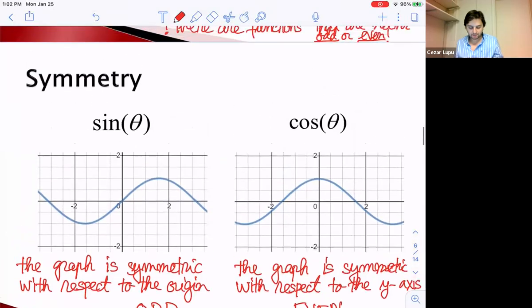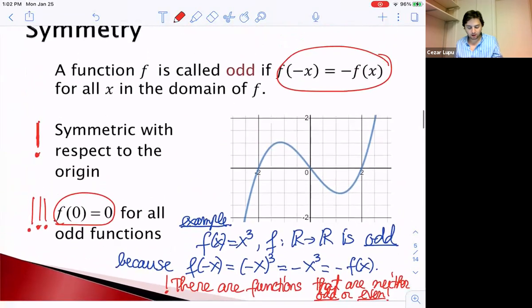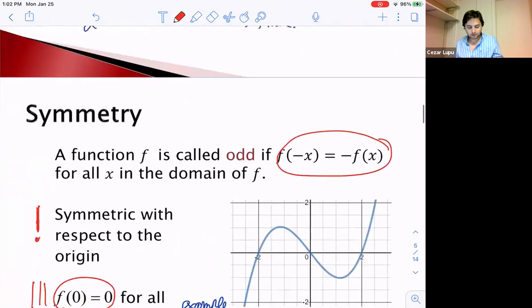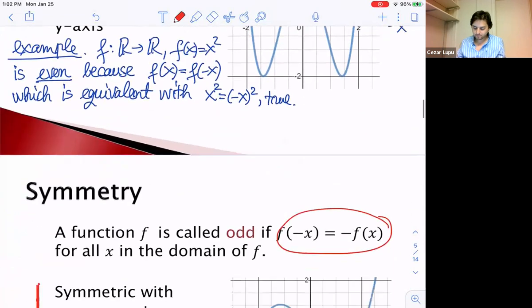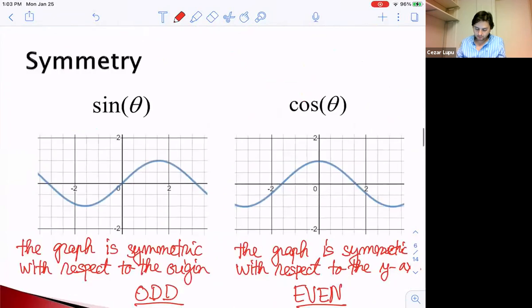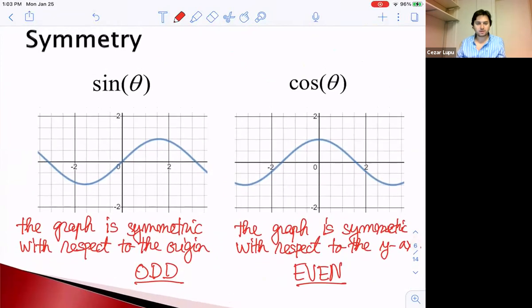If we go back, we said symmetric with respect to the origin, so that's what we call odd. And if we go back here, it's symmetric with respect to the y-axis. Okay, right? All right, so these are two examples. So keep these in mind because we will use the symmetry of these two functions later on.